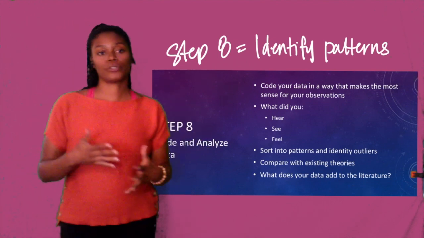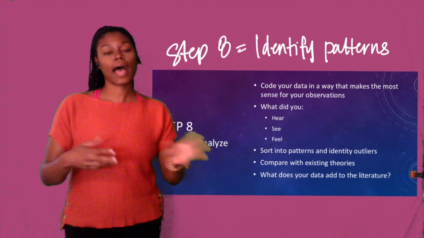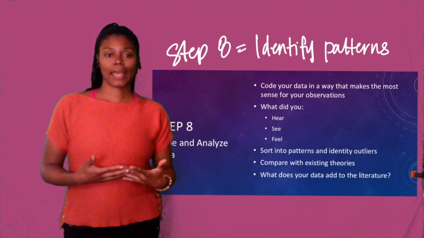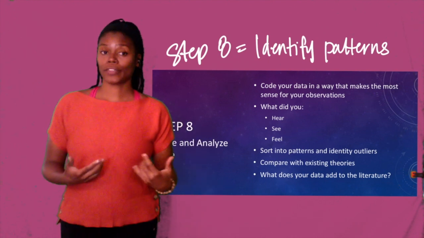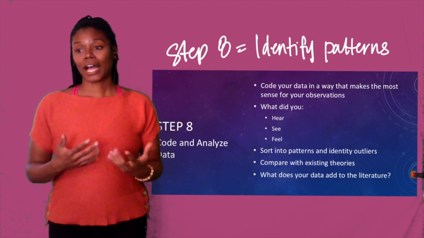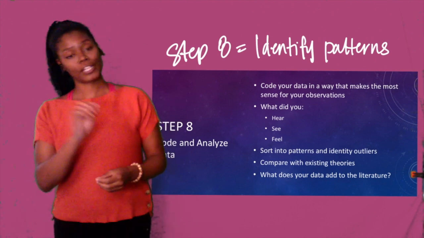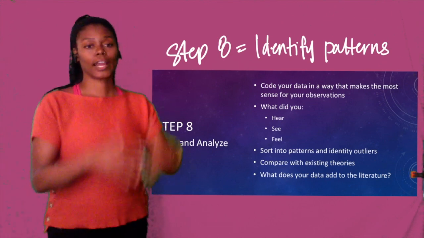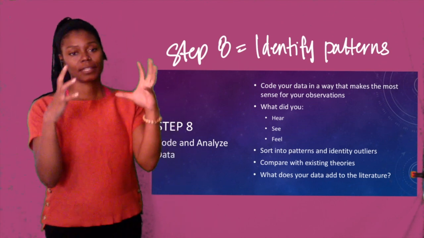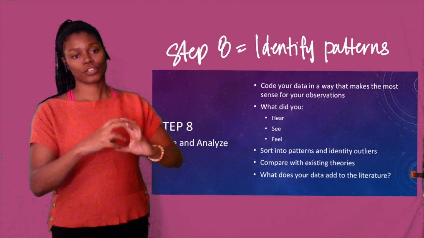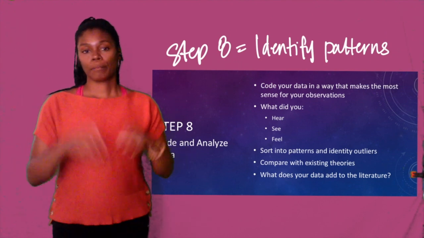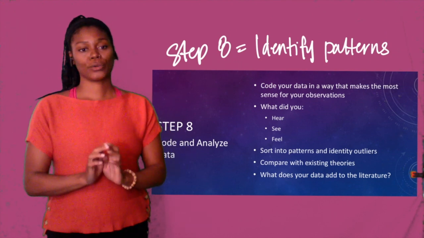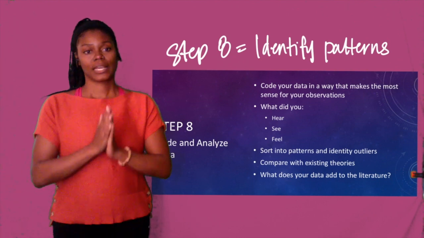When you look for patterns, you can use programs like Atlas TI or NVivo. I am old school. I prefer to code things by hand using color coordinated highlighters. And every time I identify a code, I assign it a different highlighter color, and I have a key for those things, and that key shrinks and shrinks and shrinks as we pare those codes down to the most important findings of the data.